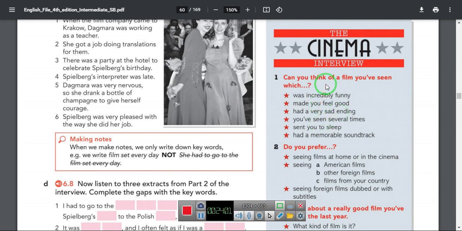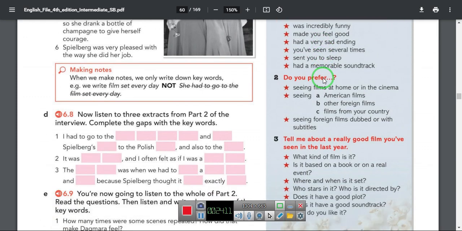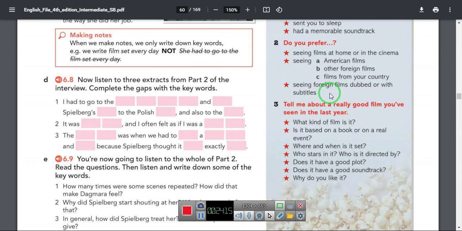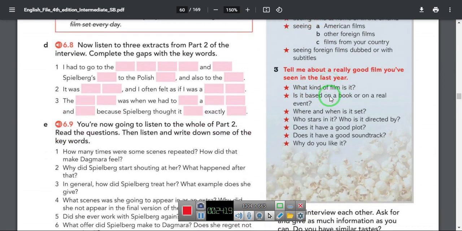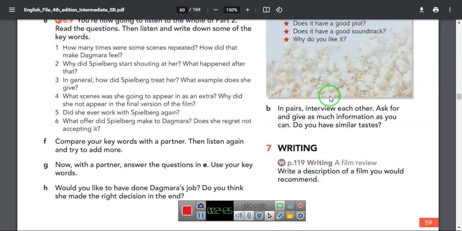То есть подумайте о фильмах, которые вас заставили, например, быть грустными, или наоборот развеселили, или так далее. Do you prefer seeing films at home or in the cinema? Tell me about a really good film you've seen in the last year. Фильм, который понравился в прошлом году, например. То есть мы говорим о кино, будьте готовы.